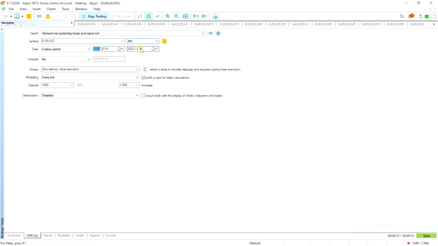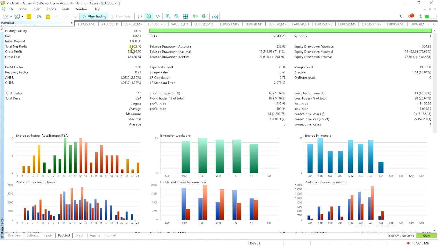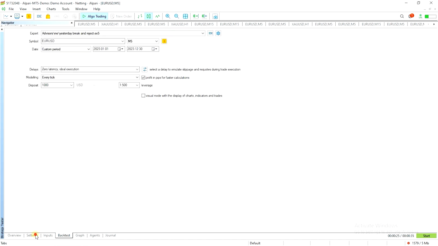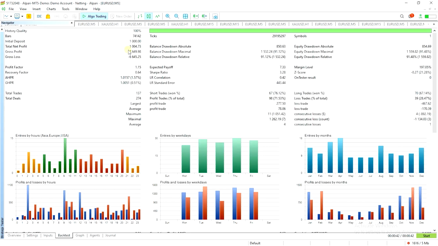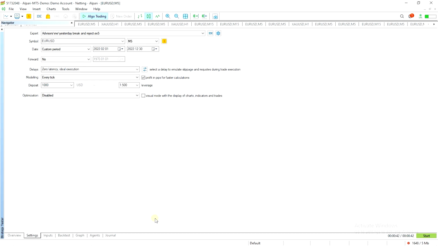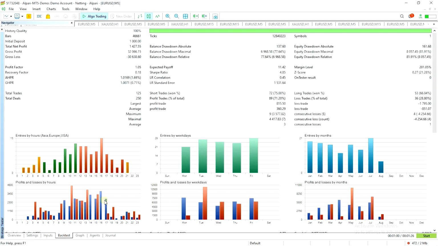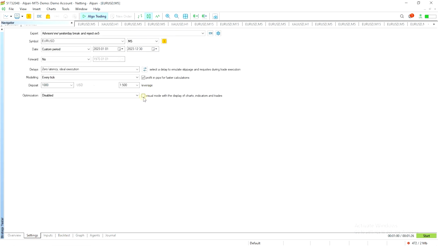I will test it for 2023. It had about 400% profit for 2023. It had 100% profit for 2022. So if we close positions in the night, it will have better results. Now I want to test it another time so we can check the positions.